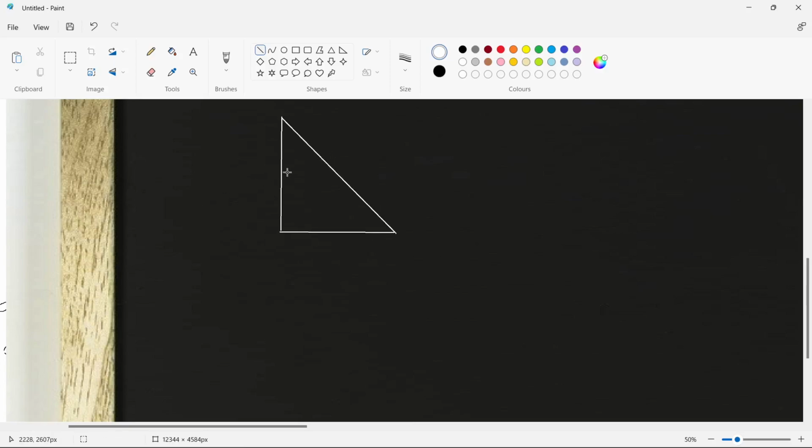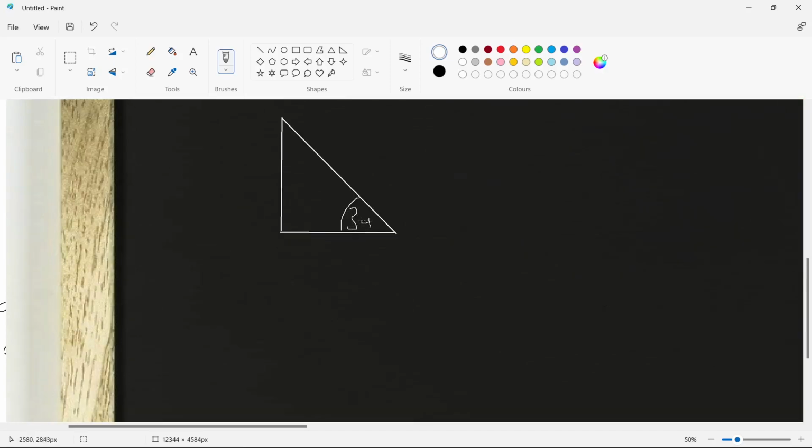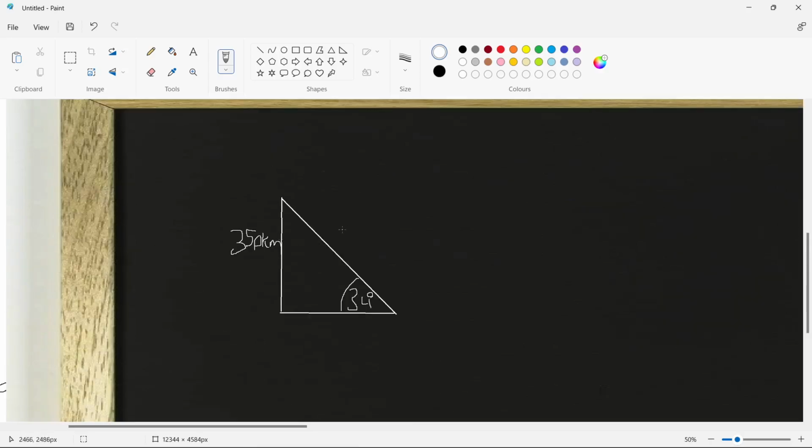Now that we got the triangle, we're gonna have to put the data. This is gonna be 34. And then this would be the highway, this would be the helicopter, 350. Okay. And now after this, we're gonna be using SOHCAHTOA, a method we learned.